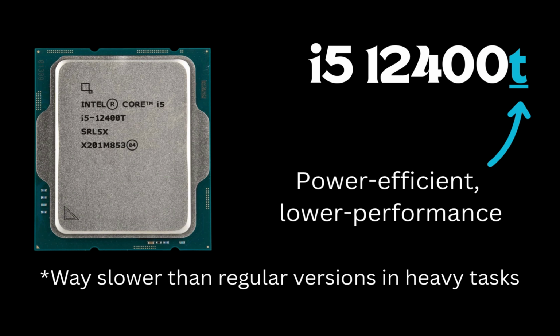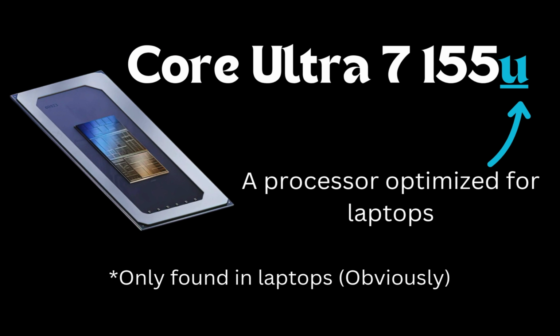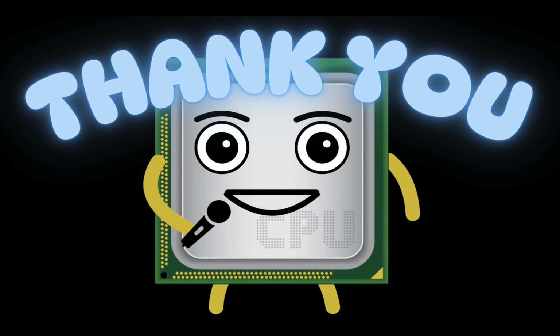That's all. i5 1400T. I don't understand why you would want to buy this, but okay. U, it means the CPU is for laptops. For example, the Core Ultra 7 155U. That's all.